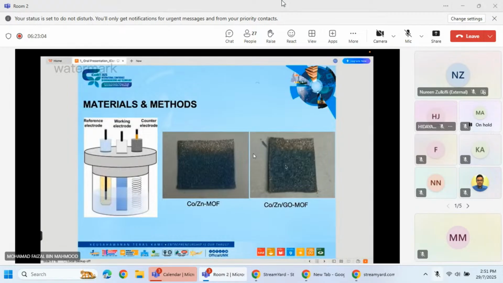Then, the electrode was subjected to various materials characterization such as XPS, XRD, FESEM, and so on, as well as electrochemical tests which include cyclic voltammetry, galvanostatic charge discharge, and life cycle for stability purpose.